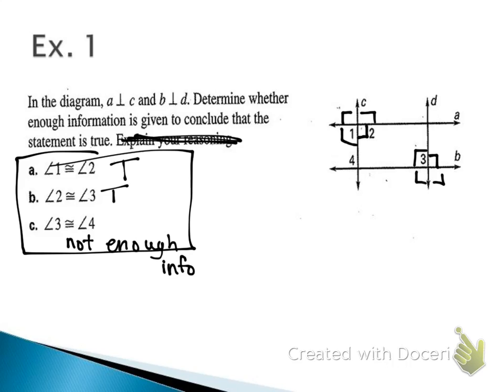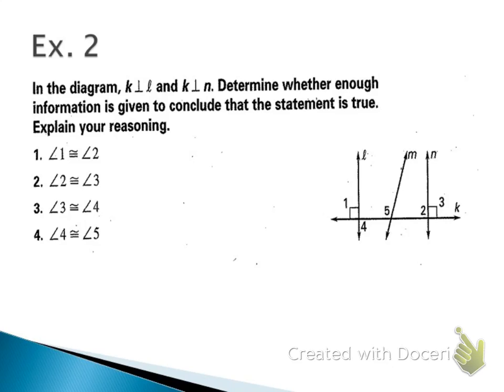All right, here is example 2. So again, I want you to draw the diagram. You don't need to write out all the directions, but I would like you to write the 4 examples, what the problem is, and then we'll go ahead and discuss them. All right, as you're drawing the diagram, I'm going to go ahead and label all the angles I know.